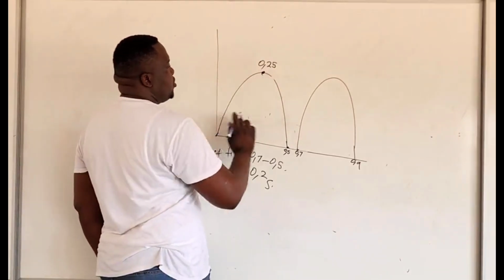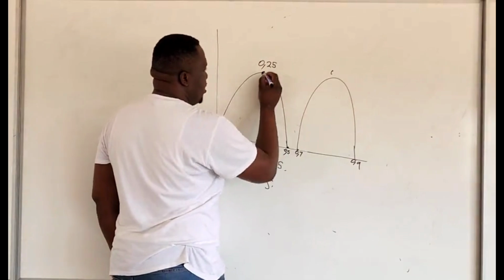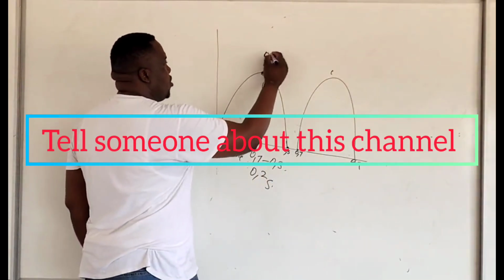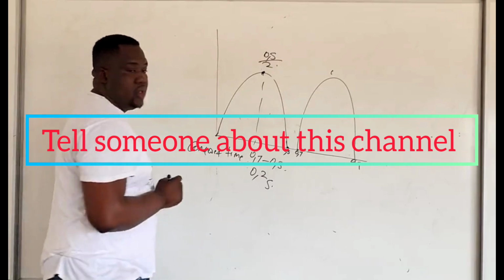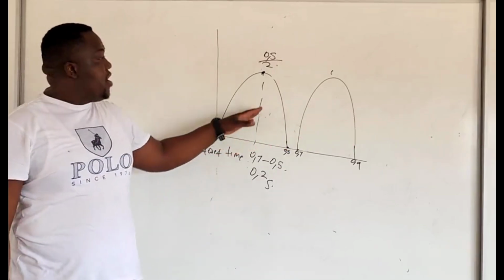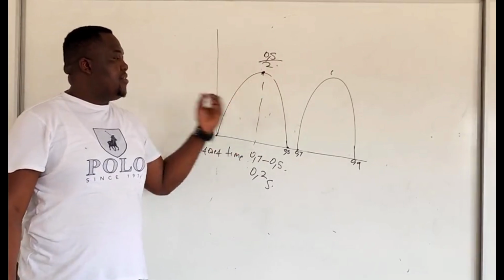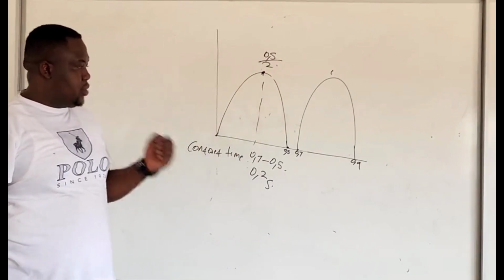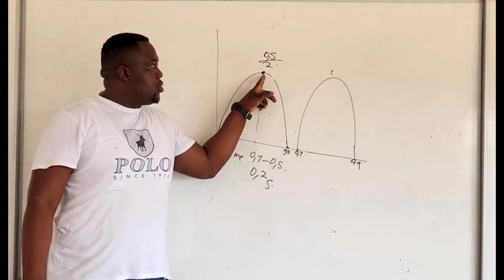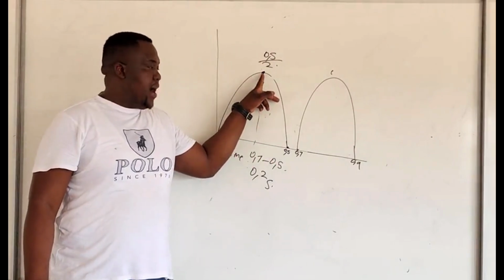So 0,5 divided by 2 is the time that we are going to have here. That's the time it took to reach its maximum height.